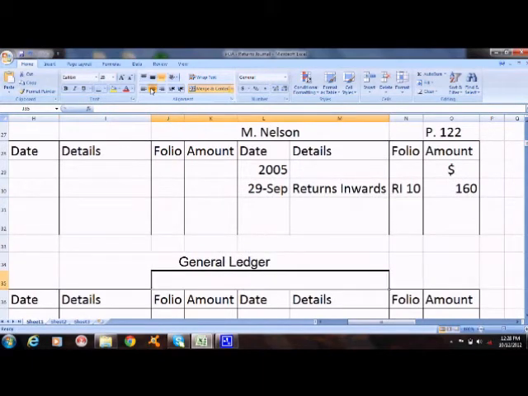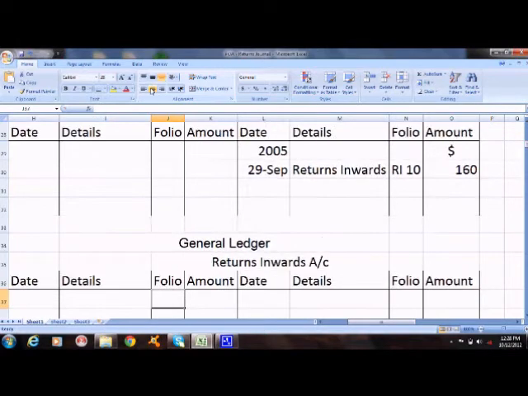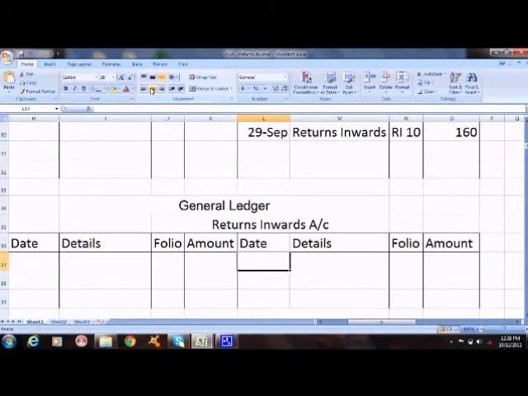So here, what is happening now? Returns inwards account. The rule said that you must what? At the end of the period, the total of the returns inwards journal is to be posted to the debit of the returns inwards account. So you're going to make a debit entry, which is over on the what?